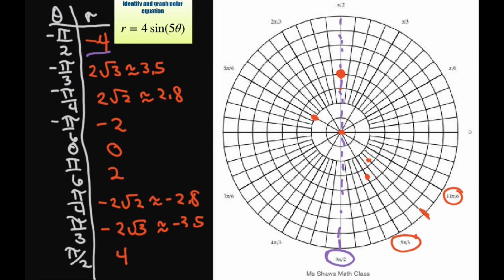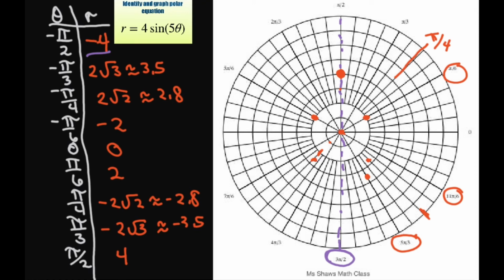So let's see what we have so far. Let's fill out some more. At pi divided by 6, we're at 2. At pi divided by 4, which is right here, we're at negative 2.8. So we're going down this way, 1, 2, 3.